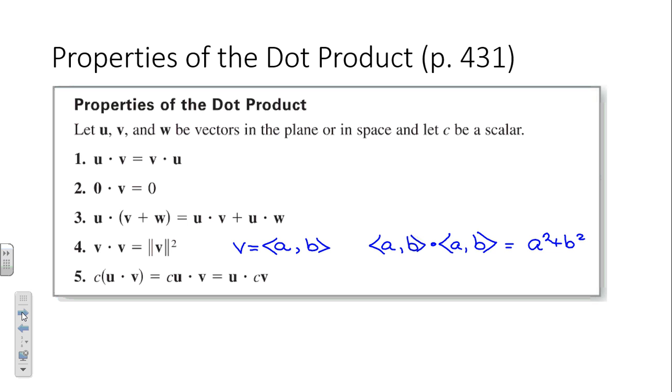Which makes sense. We wouldn't necessarily multiply something twice. We only distribute it through when we're adding. Okay, does that make sense? Absolutely. You can use u dot v and then take that number times c. Okay? Or you can take c times one of them and then dot that with the other, and you're fine, as long as you don't take c times both and try to dot them afterwards. Okay?